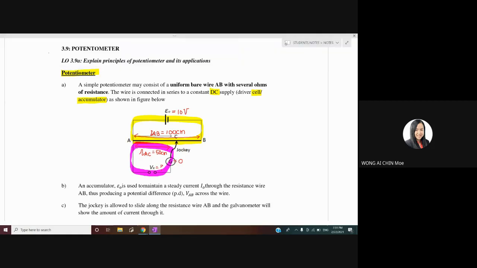So we do it as a ratio, kita buat secara nisbah. Epsilon naught over Vx is equal to the total length LAB over the length for Vx, which is LAC, when equilibrium is achieved.